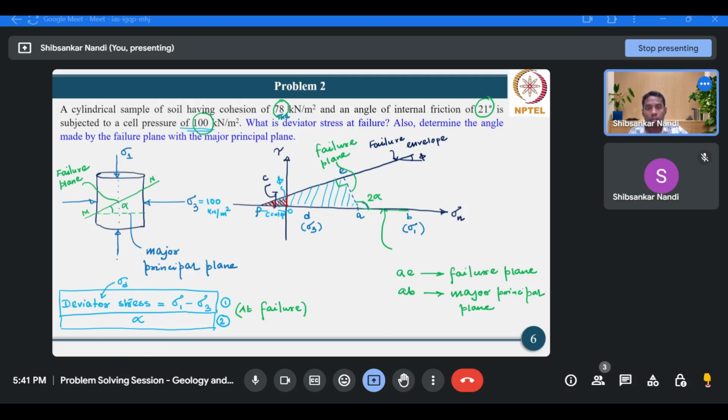From simple geometry, we can say this 2 alpha value is a summation of these two angles, that is AEA and EFA.